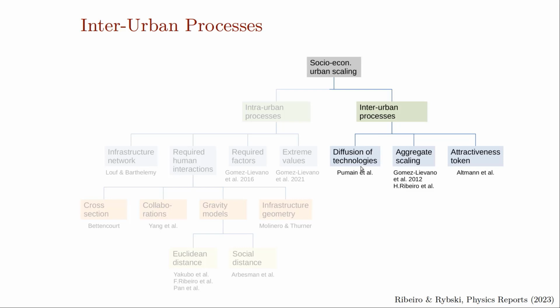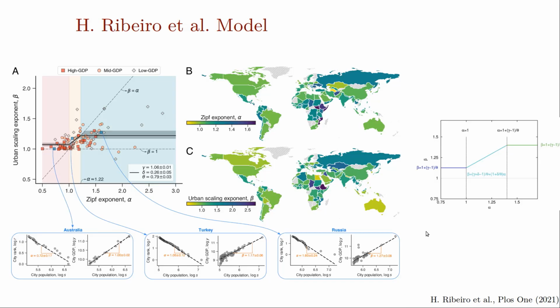That is the qualitative explanation of Pumain for superlinear scaling. Or you have the aggregate scaling model, for example the Haroldo Ribeiro et al. model, that considers that superlinearity is in fact a consequence of Zipf's law. Urban scaling is a phenomenon related to Zipf's law, right?